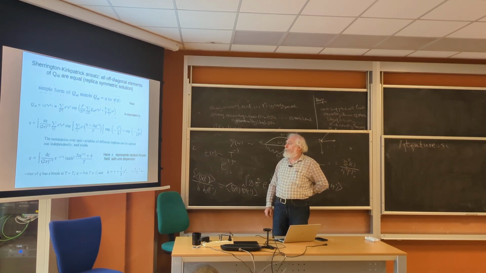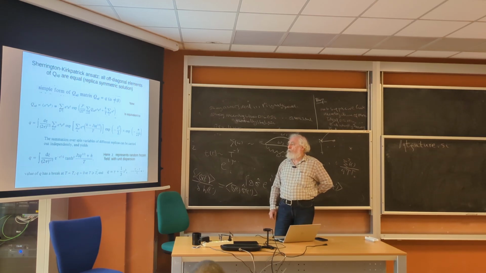If we put external field H to 0, then we can easily find that there is a transition temperature Tc such that above Tc, the only solution is Q equals 0.